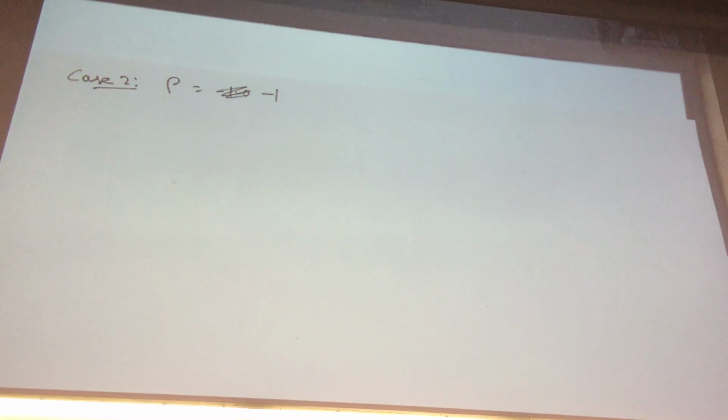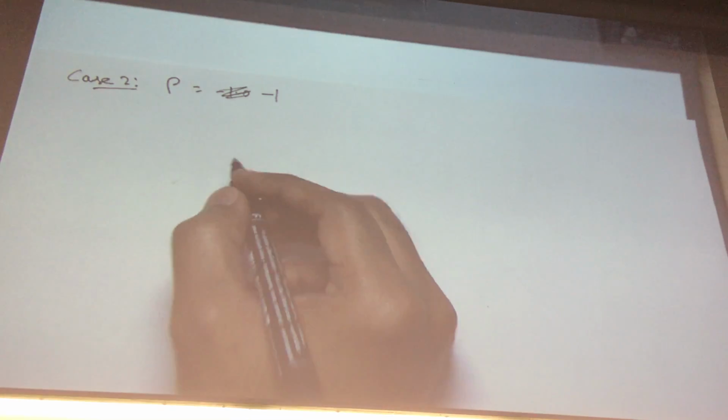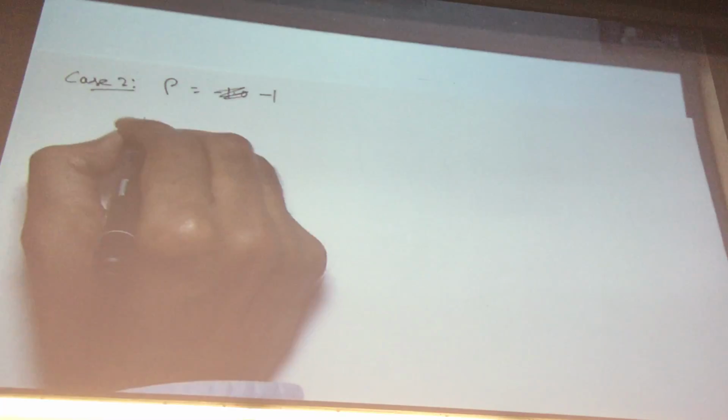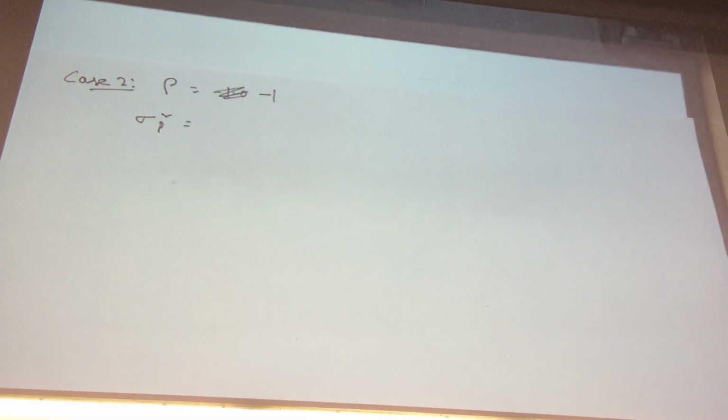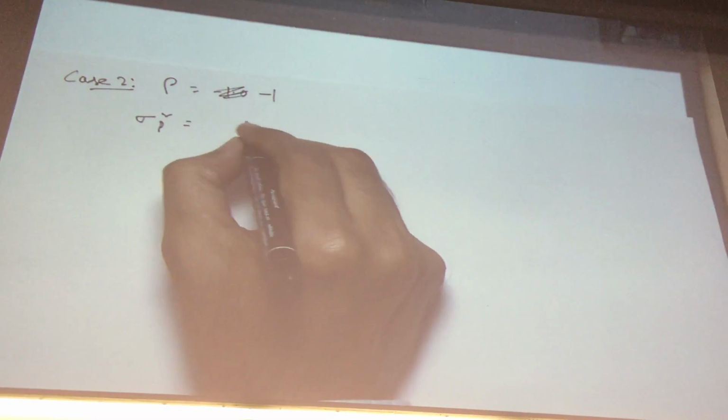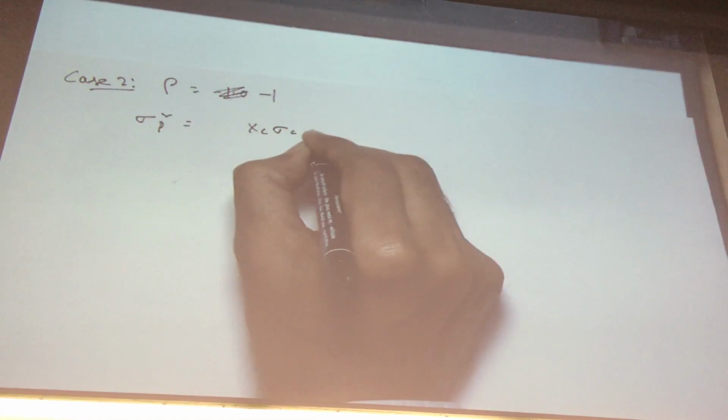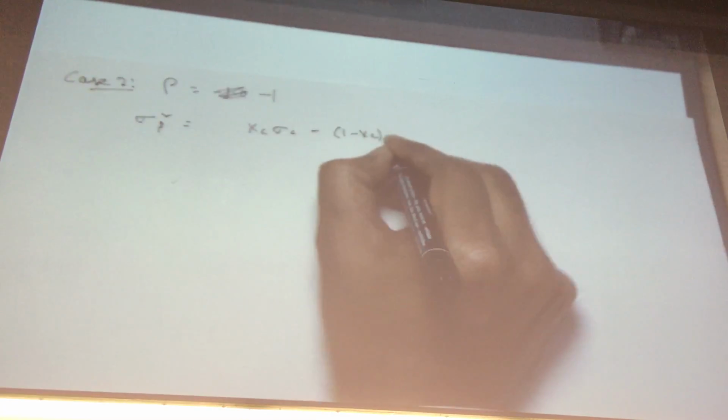I'm trying to see which region I am supposed to concentrate on, on the sigma and returns graph. So the next case is rho equals -1. If rho equals -1, then what happens is you have the following. When you substitute rho equals -1, you end up with the following: xc sigma c minus (1 minus xc) sigma s, whole square.